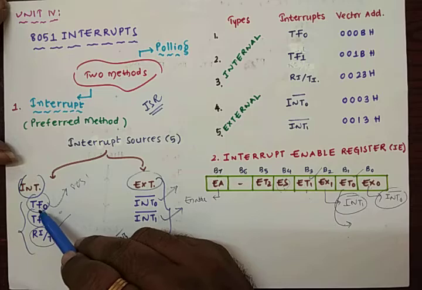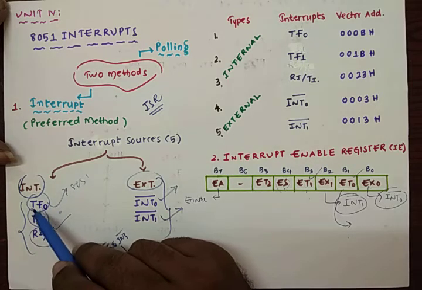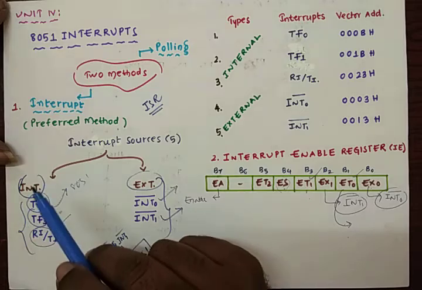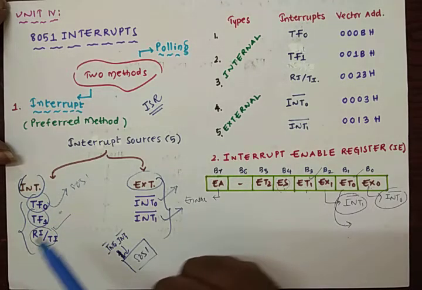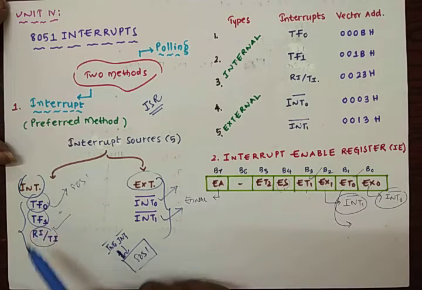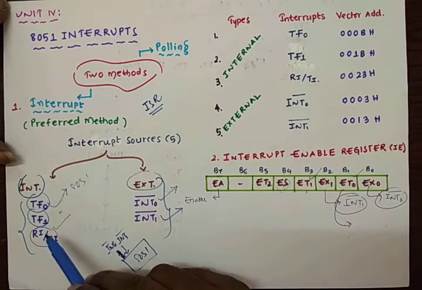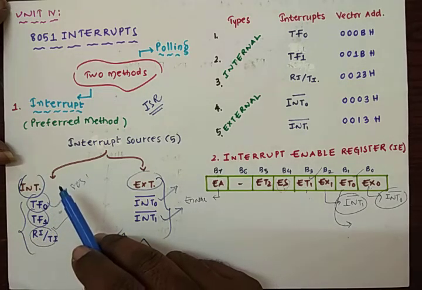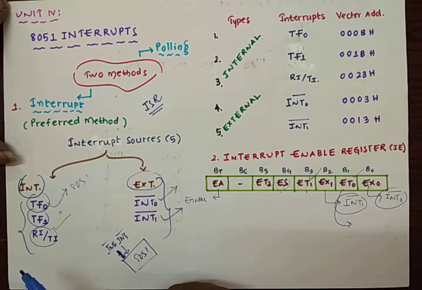Whenever the timer 0 flag overflows, timer 0 is going to give an interrupt to the 8051. The same applies to TF1: whenever the timer 1 flag overflows, it will give the interrupt to the 8051 microcontroller.